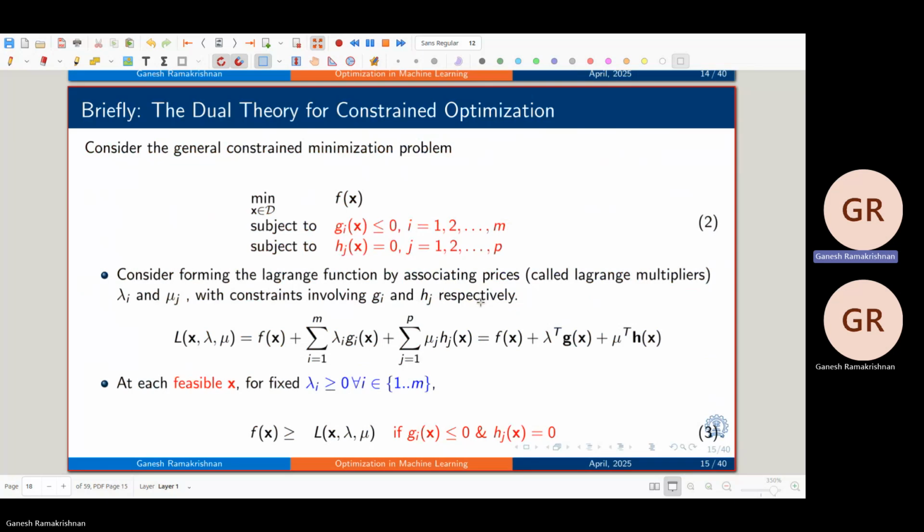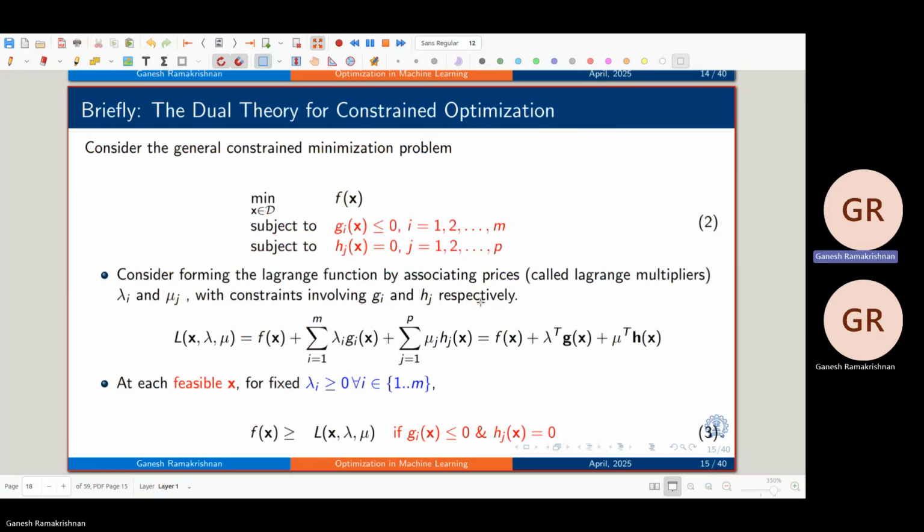I saw a very interesting linear combination of the objective function, the inequality constraints and the equality constraints. I'm just going to put them into a grand function called L. Why? Because I can set the gradient of that L to 0. That Lagrange function gives you a necessary condition for optimality, right? So that's the next step.